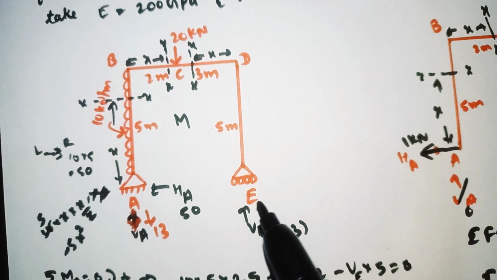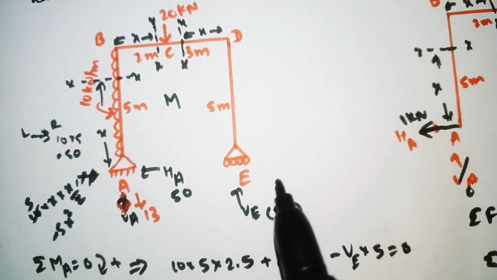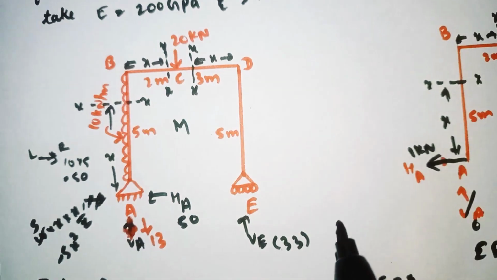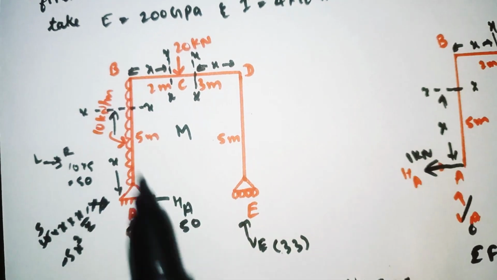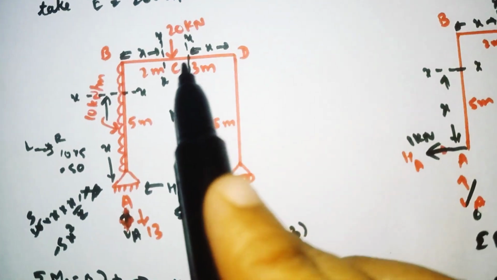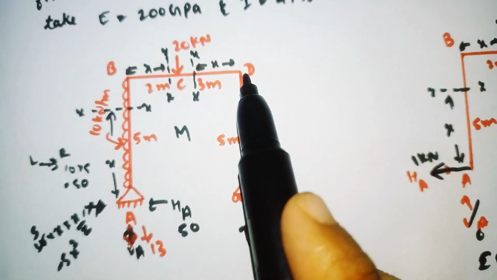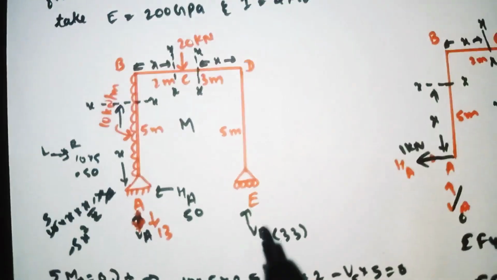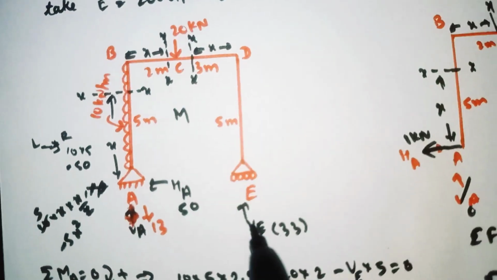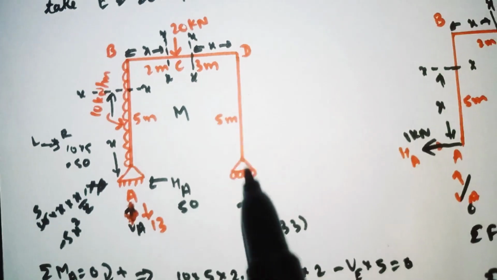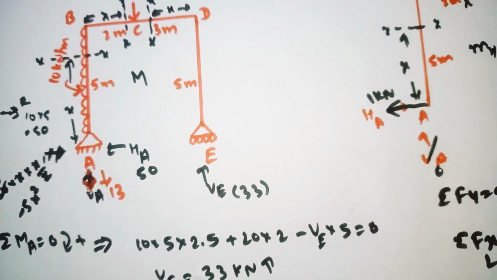While calculating the moment in this unit load method, we have two choices. You can solve from this side or from this side. It depends on taking the origin, and you can take whatever you want. For easy calculation, I am taking the origin as D, because here we have only one load. That's why I have taken the origin as D.